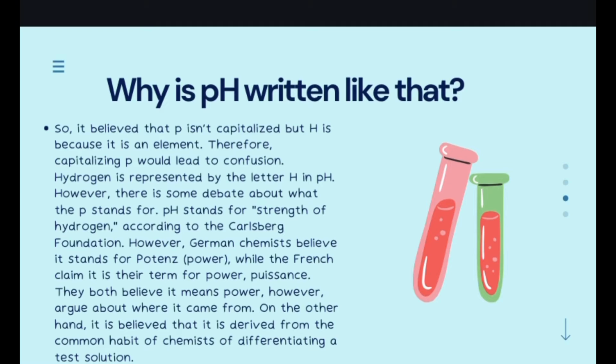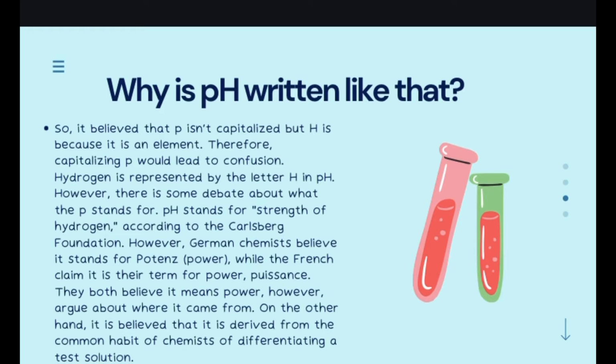While French people are trying to claim it and say that it is from their word for power. So there are until now four beliefs: one that's talking about the elements, and one that's from the lab itself, which just says it's the power or the strength of hydrogen. Then the Germans, who say it came from their word, and the French, who also say that it came from their word for power.